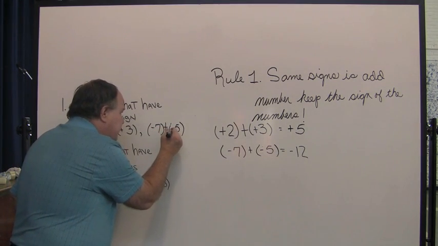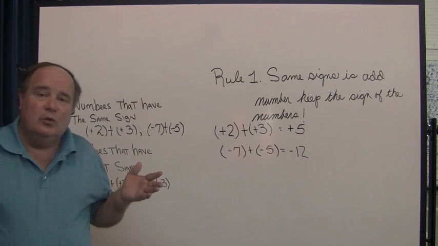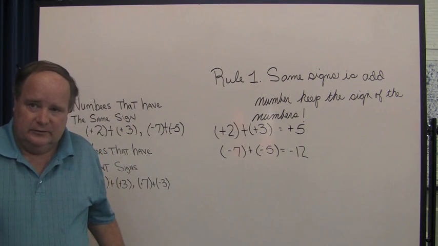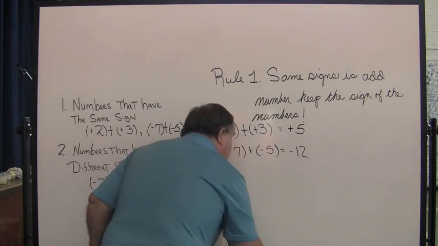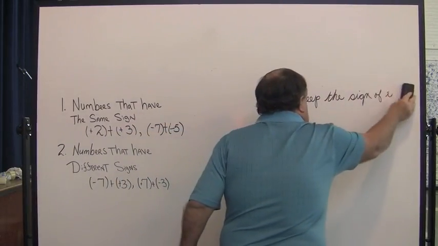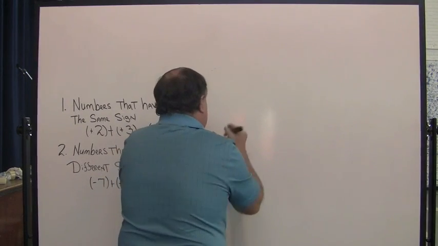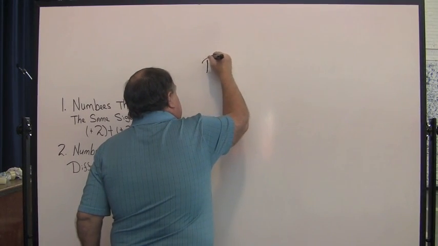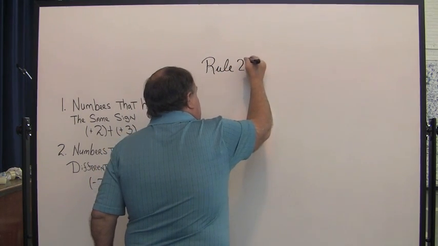Now, the second rule deals with what happens when you have 2 different signs. Let's look at that. This is rule number 2, and this is different.